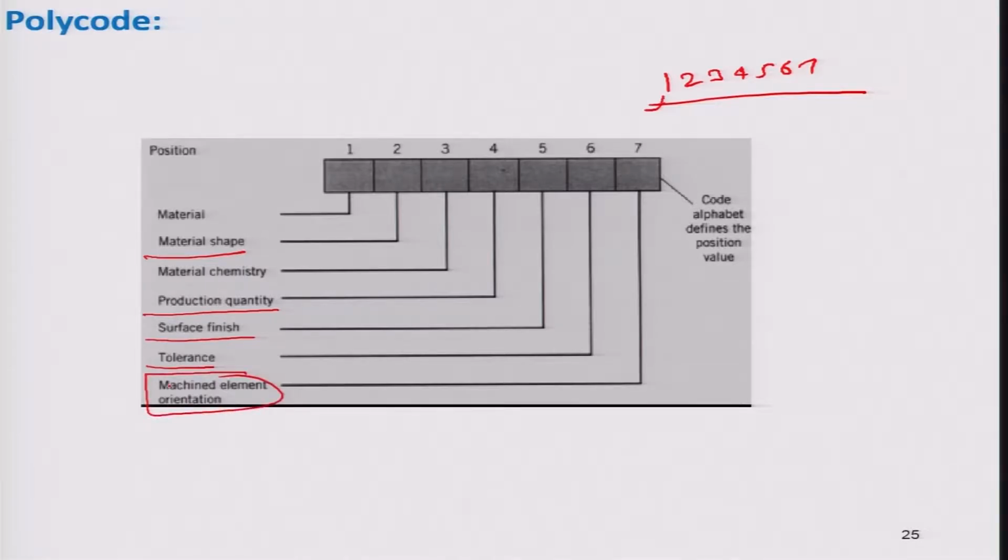Here you can see that code 1 is completely independent of code 2, and code 3 is also independent of 2. So if you want to change the shape of your part, you can easily change it, and it will not affect your material, metal chemistry, production quantity, and so on. So this is the independent coding system.